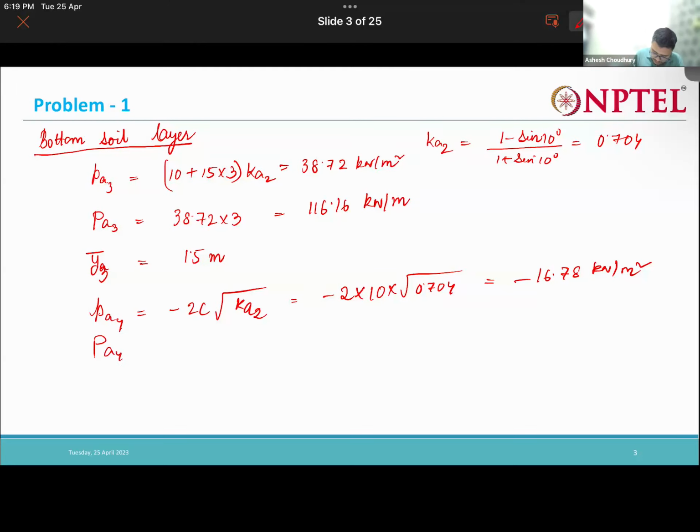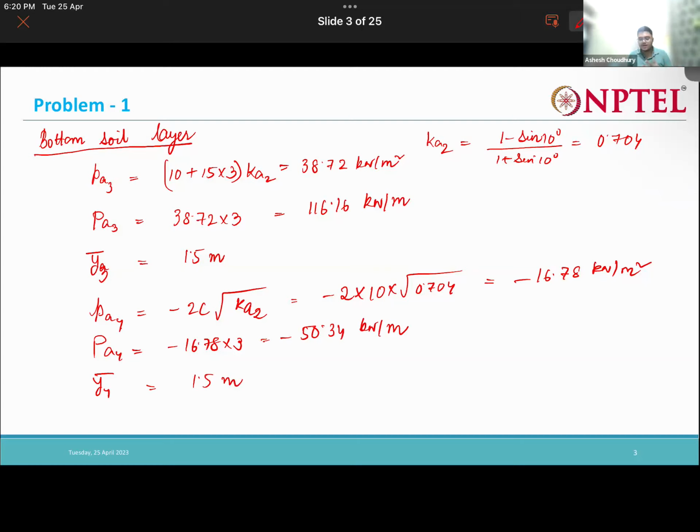So PA4 will be the area of this rectangle, minus 16.78 into 3, 50.34 kilonewton per meter for PA4. So y4 bar is nothing but 1.5.